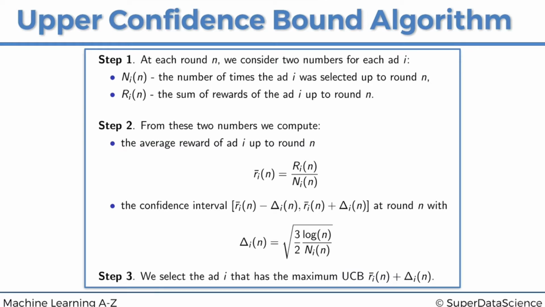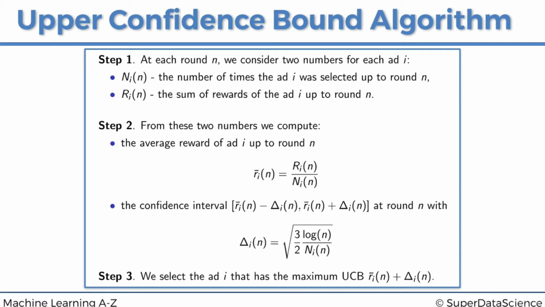Now let's take care of the second number, the confidence interval. Well, we will not build the whole confidence interval. What we will compute right now is the upper bound of the confidence interval because that's what we need for step 3. As you can see, step 3 is we select the ad that has the maximum upper confidence bound. So we just need the upper confidence bound of this confidence interval.